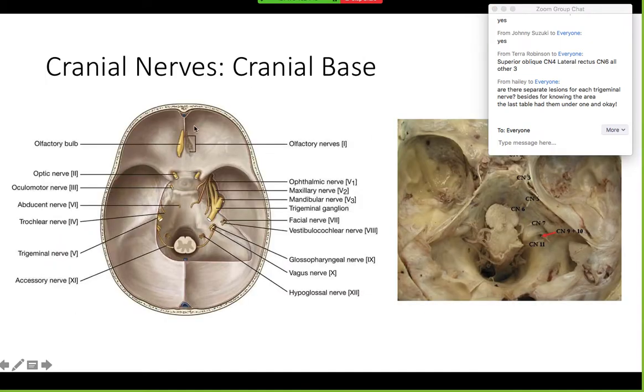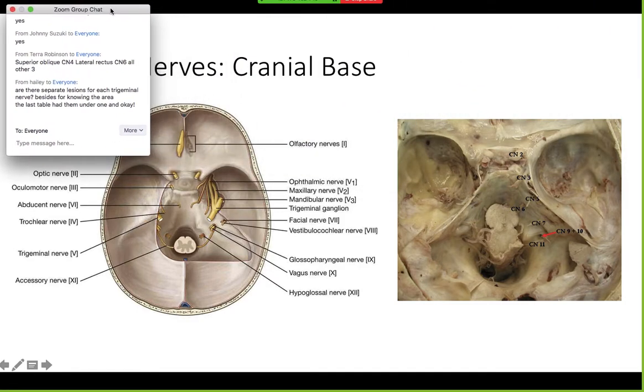Okay, and then these are Ali's slides, so make sure you know they're going to tag the cranial nerves all sorts of ways. One way is in bodies where the skull cap has been removed and then the brain is taken out.